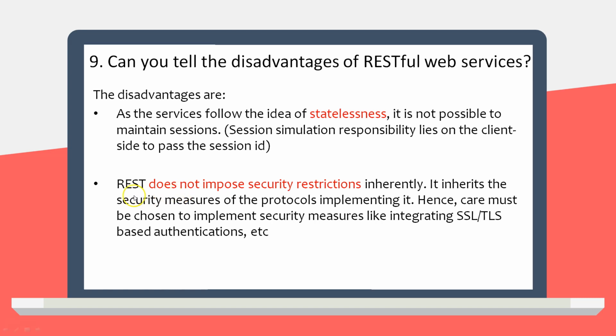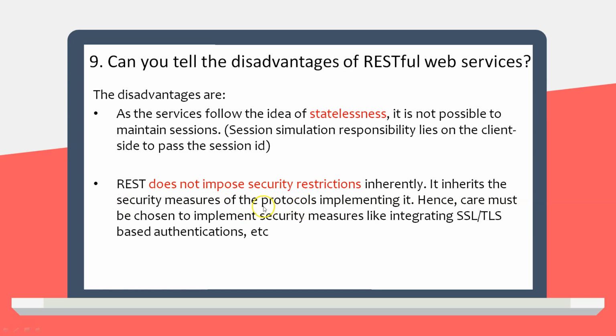Next point, REST does not impose security restrictions. It inherits the security measures of the protocols implementing it. Hence, care must be taken to implement security measures like integrating SSL, TLS-based authentication, etc. You know that REST is based on what? It basically follows the HTTP protocol for the implementation.